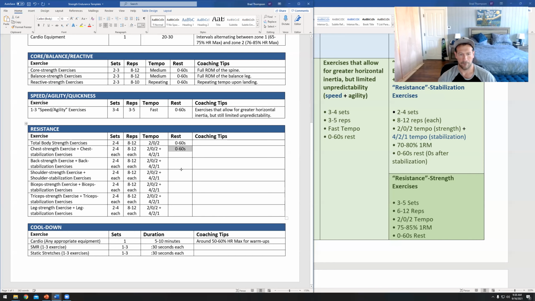Right, and then for our coaching tip here, do I have anything? No. Yeah, we're going to say perform as a superset with little to no rest after the first move. Okay, and we'll just put that in all of this.